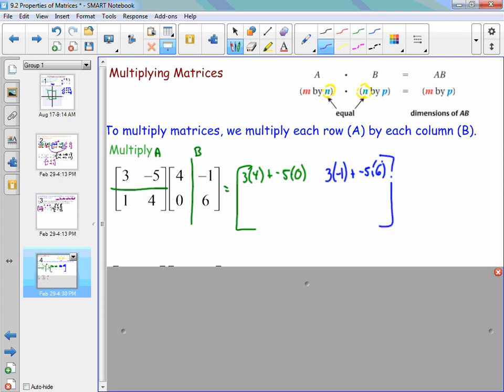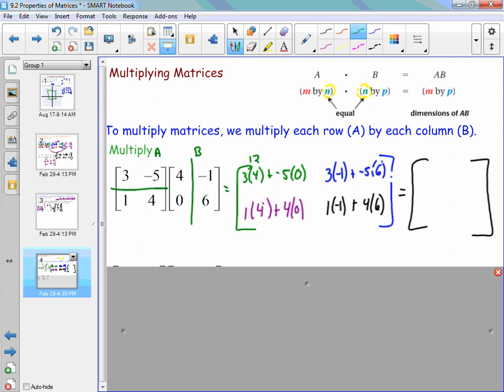And now we will multiply row 2 by column 1. So we're going to have 1 times 4 plus 4 times 0. And lastly, we will multiply row 2 by column 2. So we're going to have 1 times negative 1 plus 4 times 6. And now we are going to go back and do the operation here.